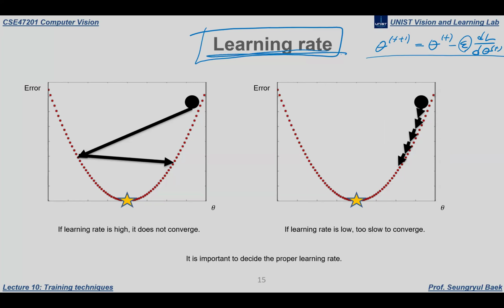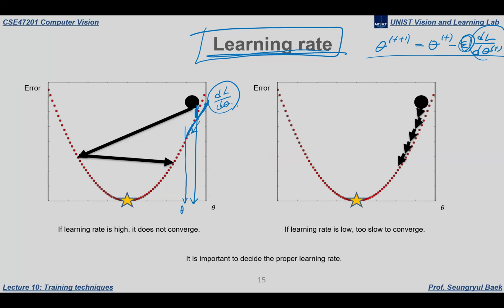As I told you, in this direction, if the parameter is located here, we get the slope, which is dL/dW. In the inverse direction of that slope, we multiply by a small scalar value and update the parameter vector here.